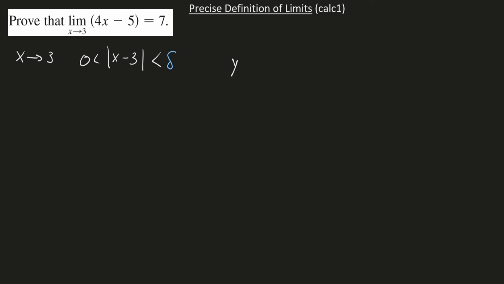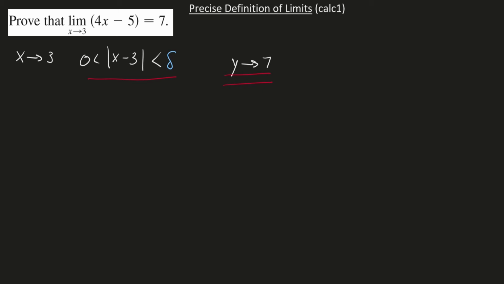So now we need to say that the effect of this is that y will be getting closer and closer to 7. So if you make x closer and closer to 3, that will directly lead to y getting closer and closer to 7. That's sort of the statement we want to craft here mathematically. So we mathematically say this in a similar way as we did for x.